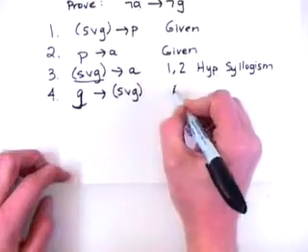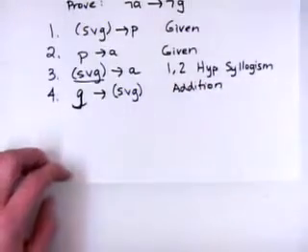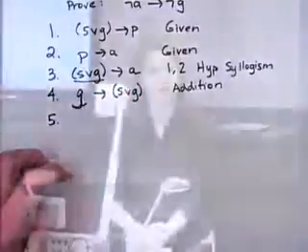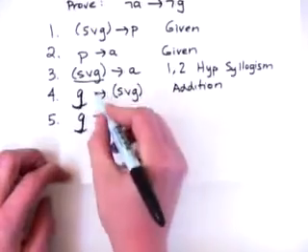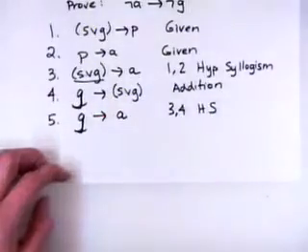That's using the addition rule, just writing it straight into our proof. Then I can combine 3 and 4 to get G implies A, from lines 3 and 4, and hypothetical syllogism again.